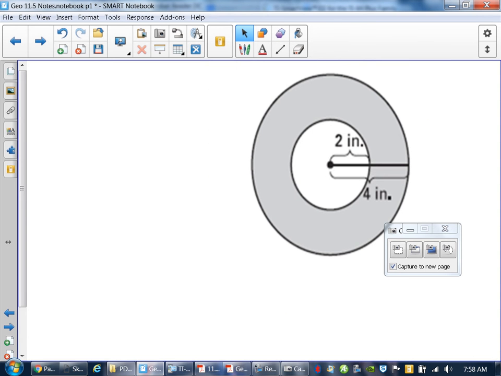What I want to do today is start to talk about shaded region style problems. When we're working with shaded region problems, again, like we've looked at before, it's a matter of the large area, subtract the small area, to isolate what you see.